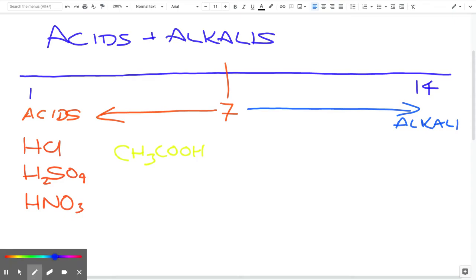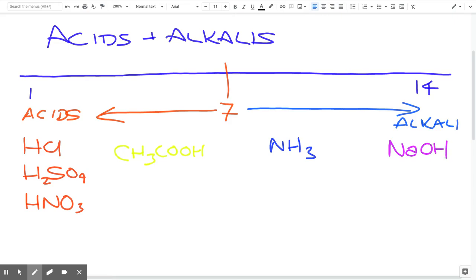Going to alkalis, something such as ammonia, NH3, is regarded as a weaker alkali. Then sodium hydroxide, the group 1 metal hydroxides, sodium hydroxide, lithium hydroxide, etc.